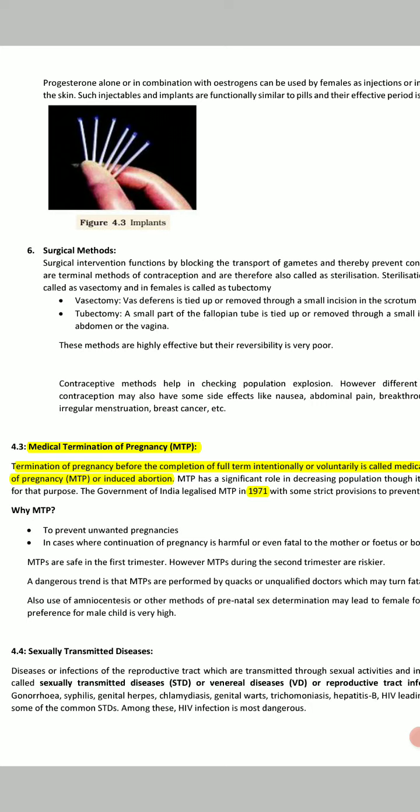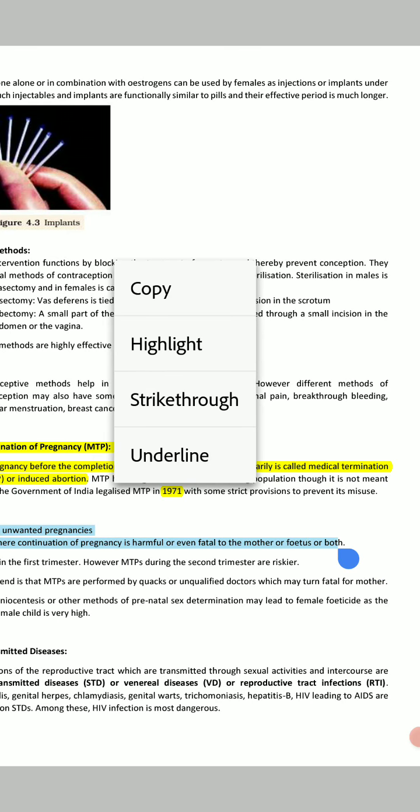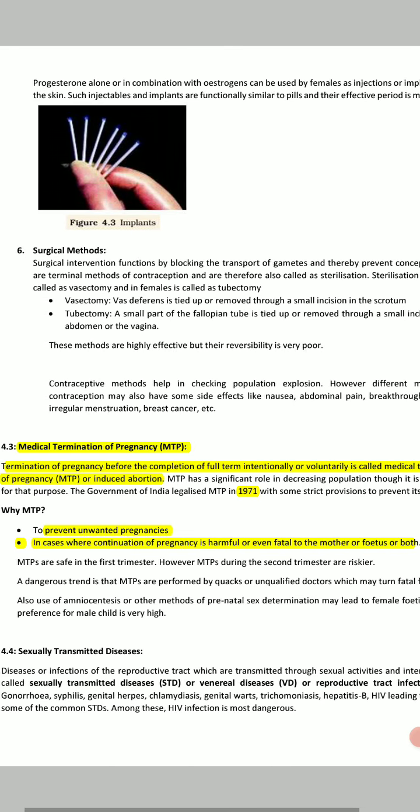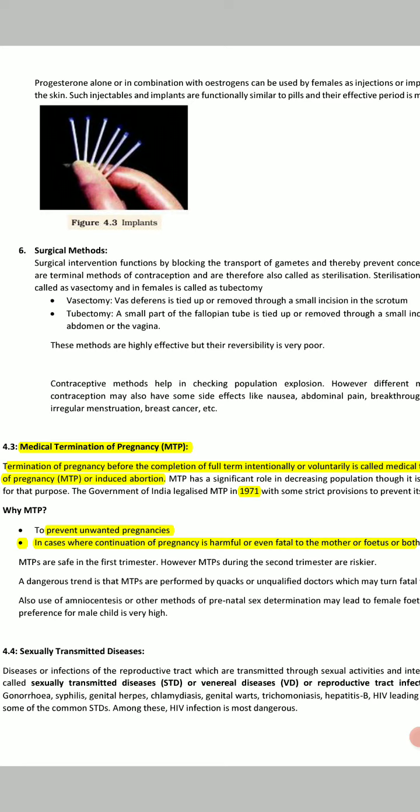The second, in cases where continuation of pregnancy is harmful or even fatal for the mother or fetus or both, then we can go for MTP. This MTP can be induced by surgery or medicinally.